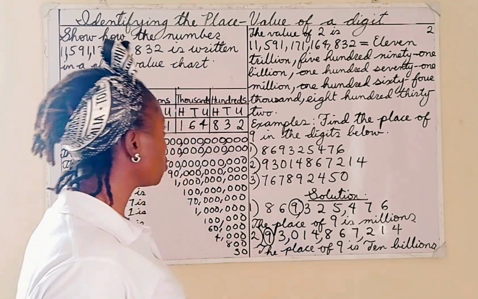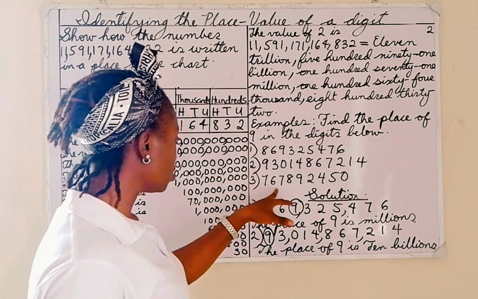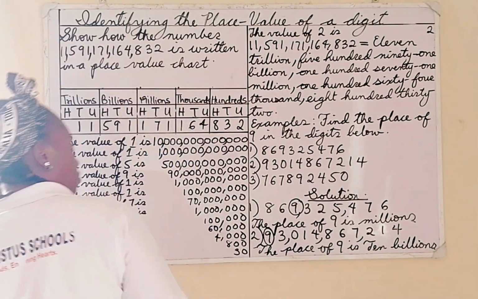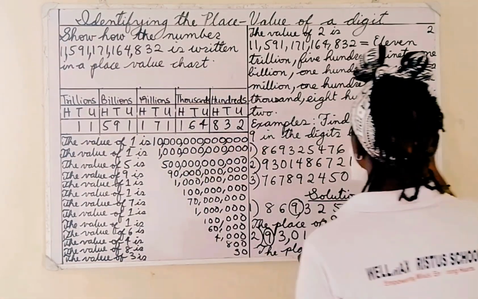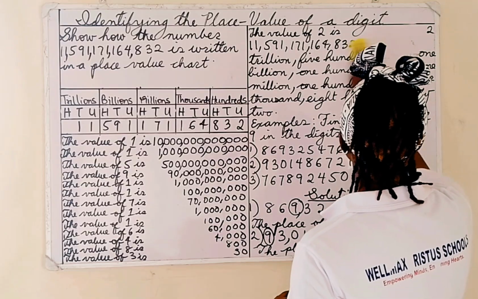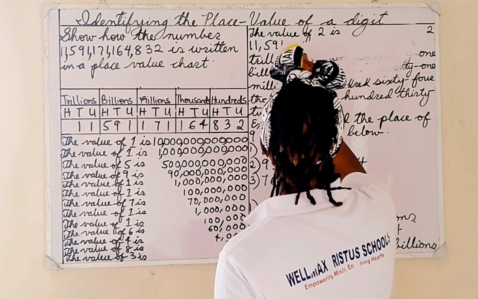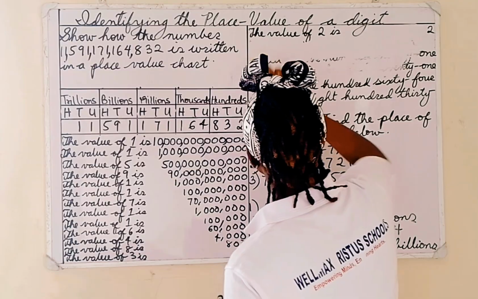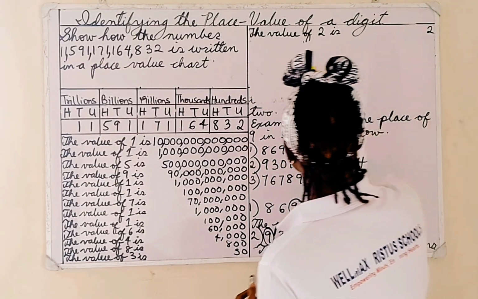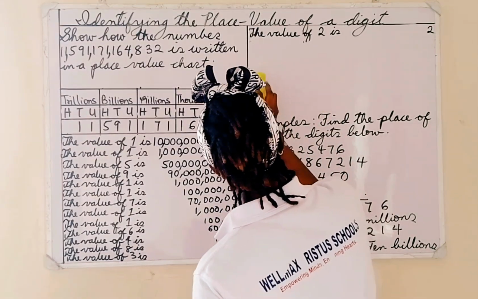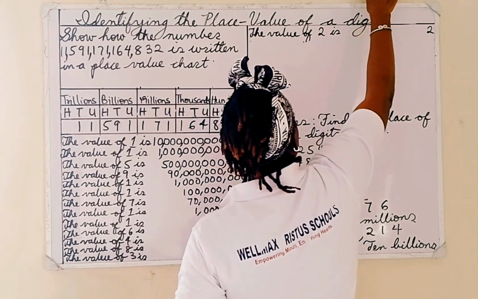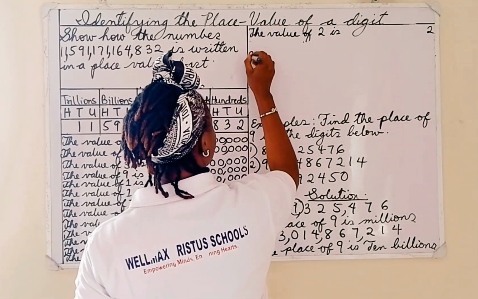Now question 3, we want to find the place of 9 in these digits.